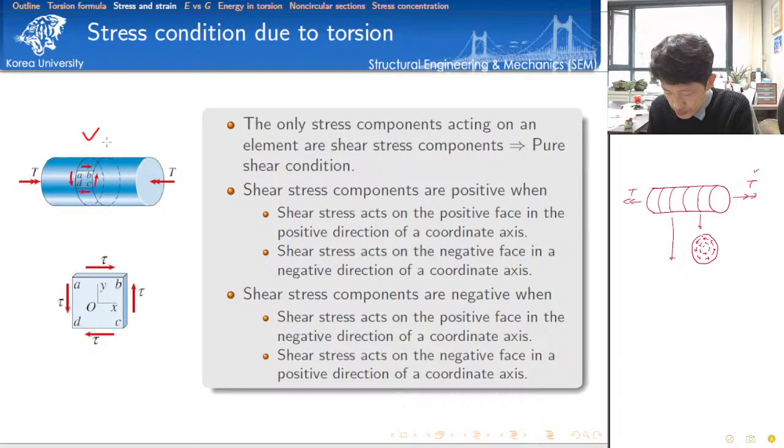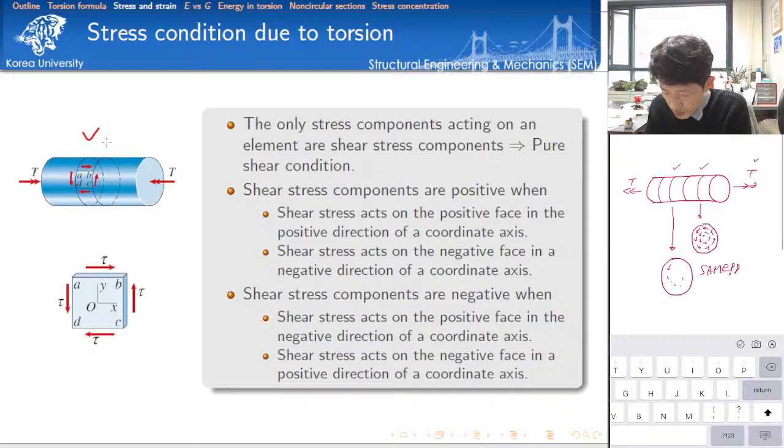If you consider this cross section, also same, isn't it, right? Exactly the same. So the geometrical condition is the same, and then the stress distribution is the same.